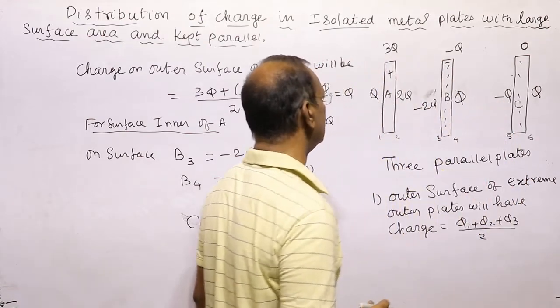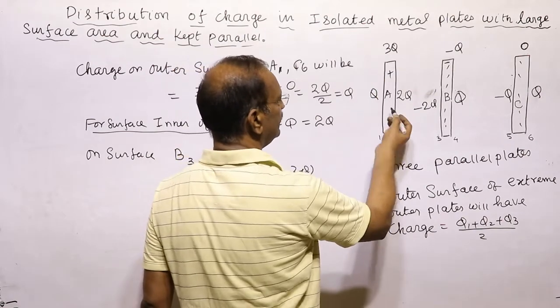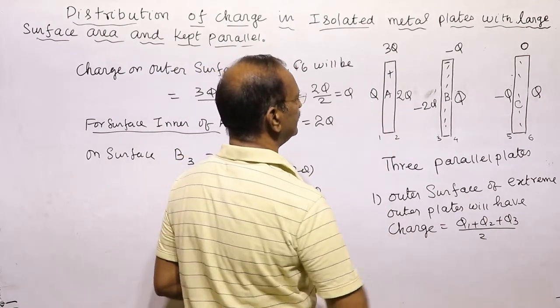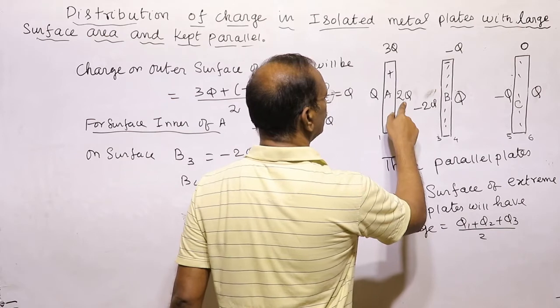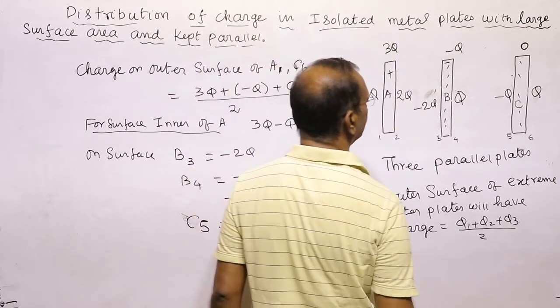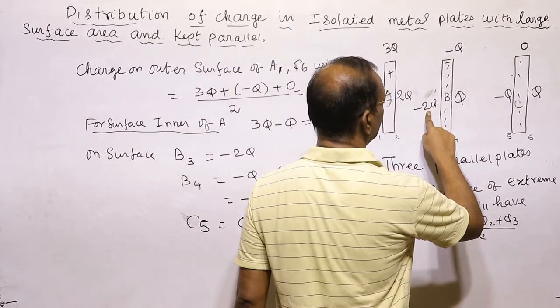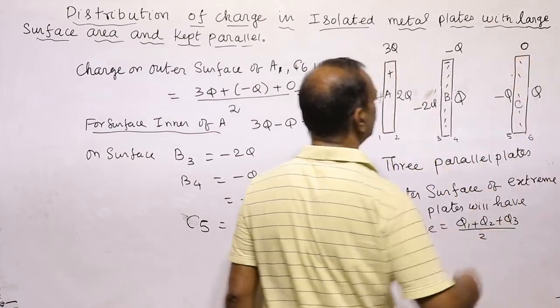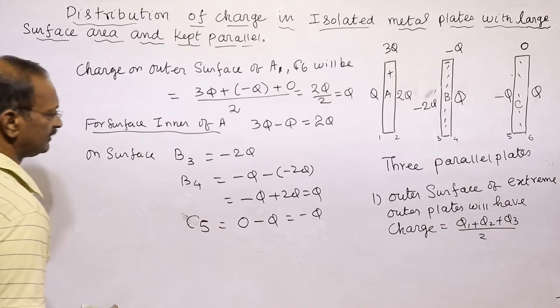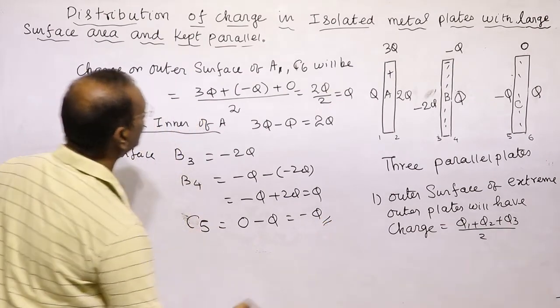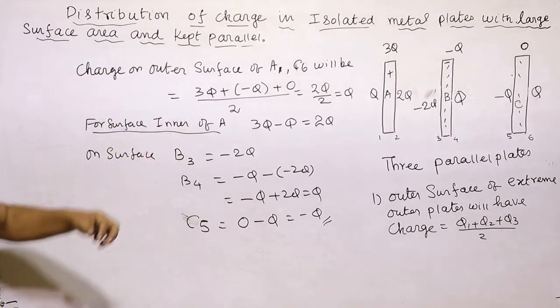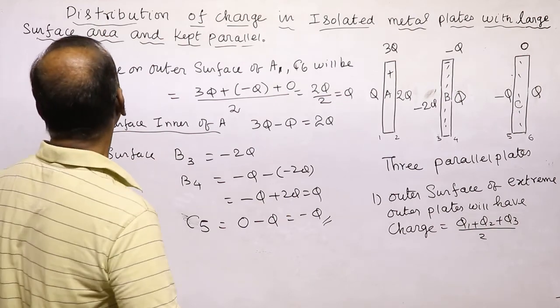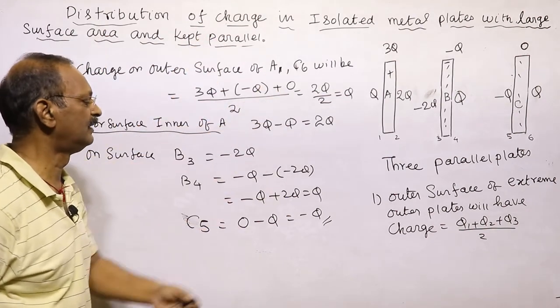So now we have checked this side for plate A: this side will be plus q and that side will be plus 2q. q plus 2q plus q is equal to 3q. Here this side, minus 2q plus q is equal to minus q. So this is how the charge is distributed among the parallel plates, distribution of charge in isolated metal plates with large surface area and kept parallel.